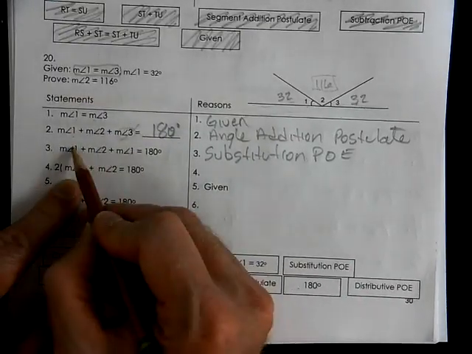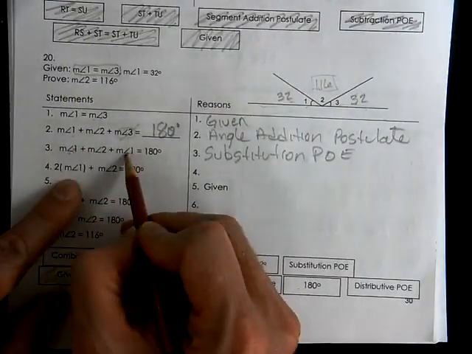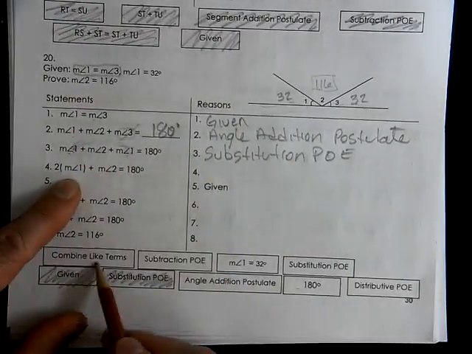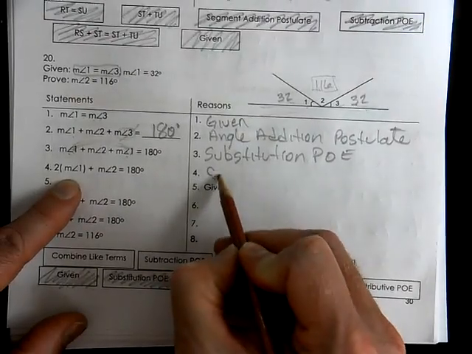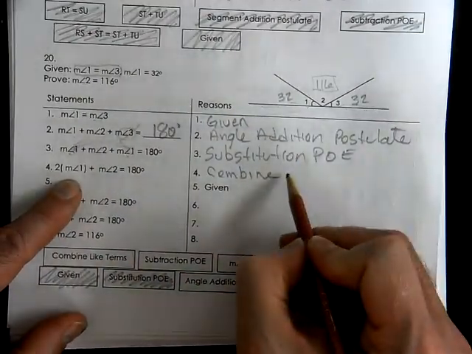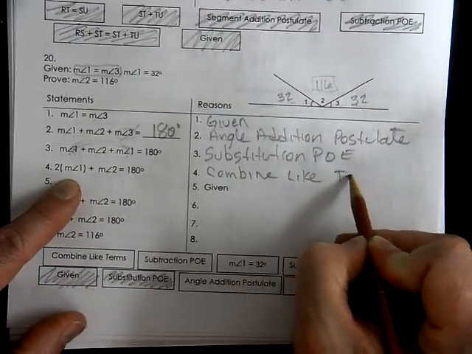And then I notice I have 2 1s together. So we're grouping those 1s together. When we're grouping those together, we call that combine or collect. Combine like terms.